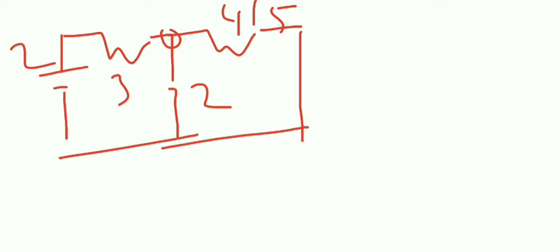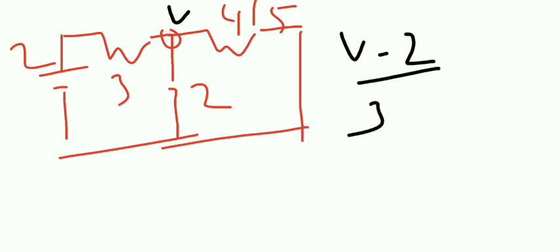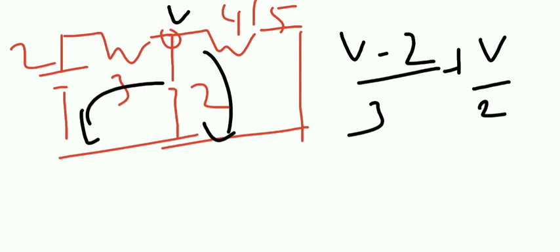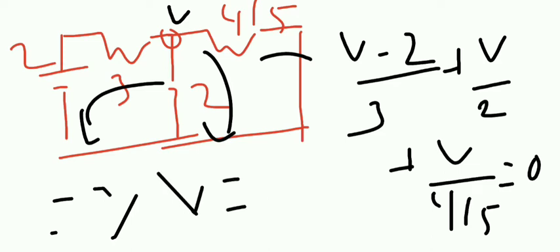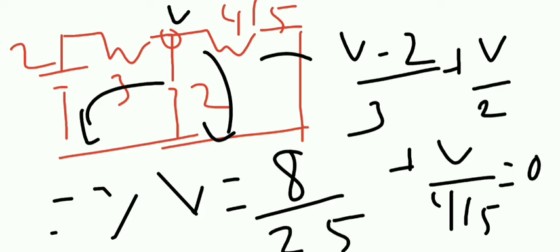It is a node V, node voltage. I consider that a node. So (V minus 2) by 3 ohm, this branch. Then for this branch, V by 2, plus V by 4 by 5 is equal to 0. If you simplify that, what you get is V is equal to 8 by 25.